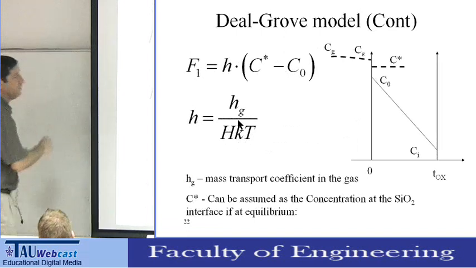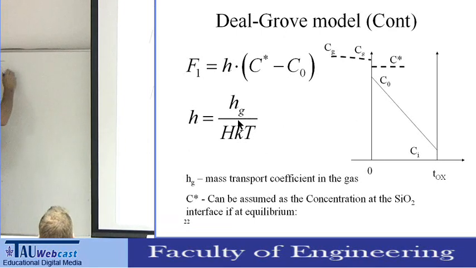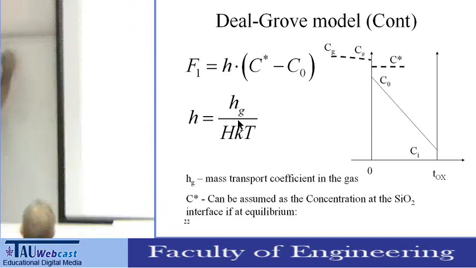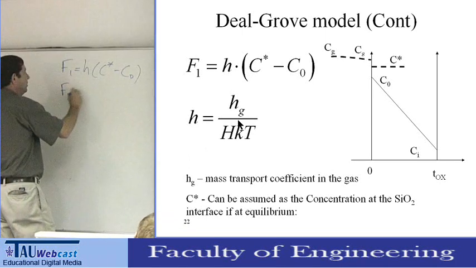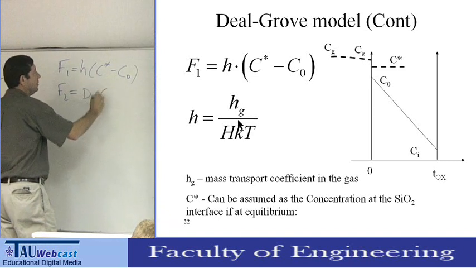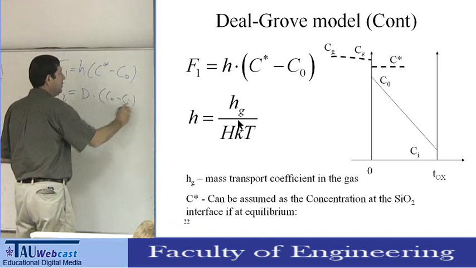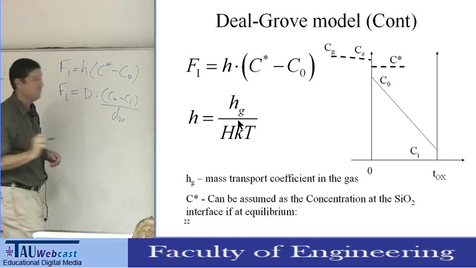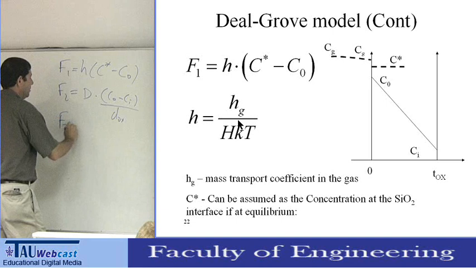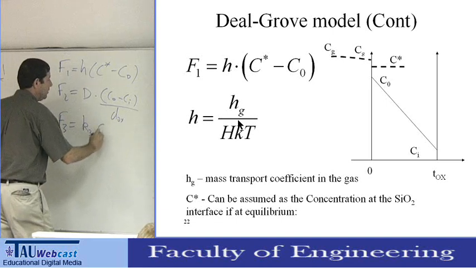First equation, F1 is H times C star minus C0. Second equation, F2 is D times C0 minus Ci over T oxide, which is a function of time. And F3 is K3 times Ci.